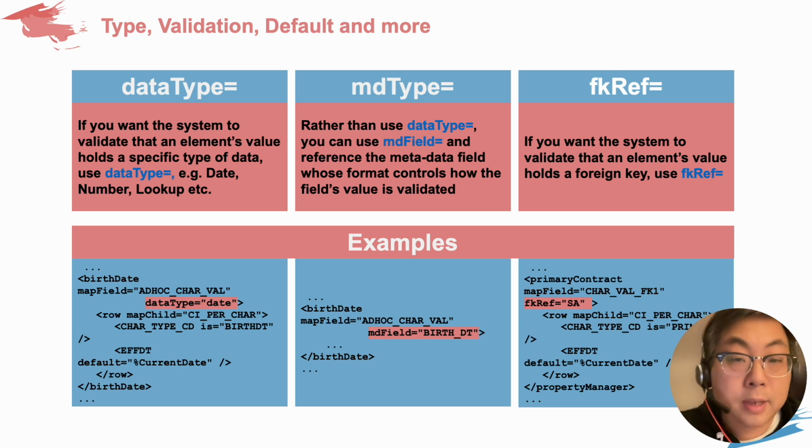And if a payload comes in where the contract doesn't exist, or the ID of that contract does not exist in any of the SAID, for example, the payload will get rejected. Okay?